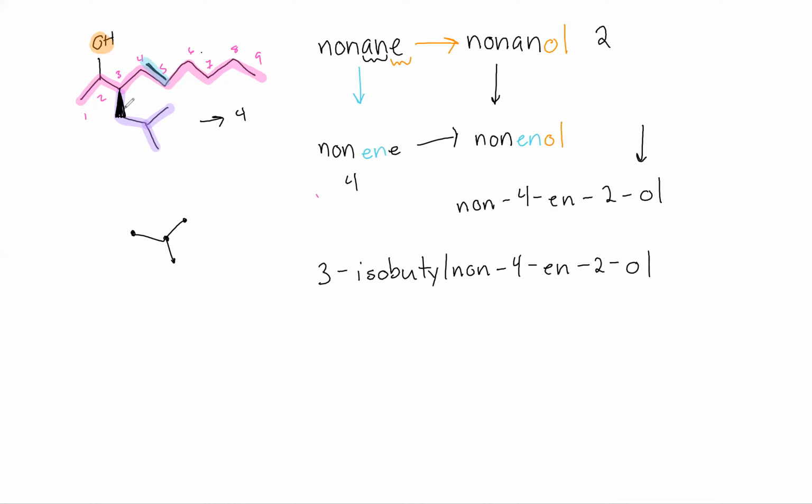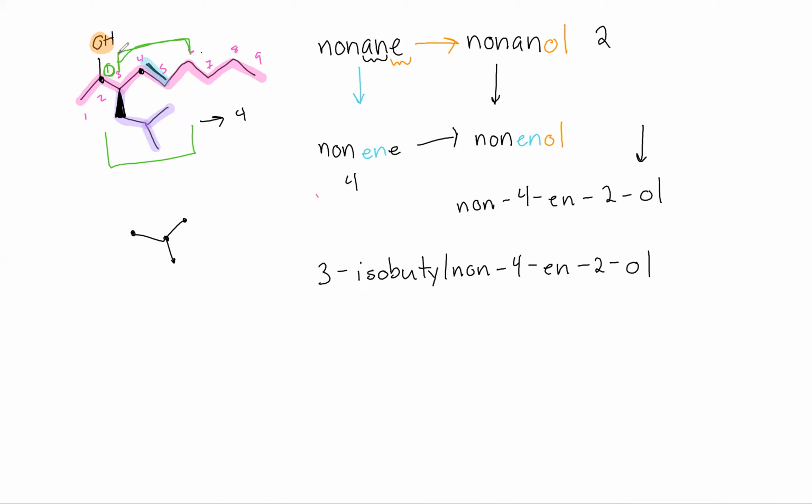So in this case, let's do this sort of together. Obviously, all of these carbons right here are going to have the same priority, so we have to go to the next bond. We can see here that this group on the left has the higher priority bond overall, so we're going to call that group on the left group 1. Now we're sort of duking it out between these two groups.